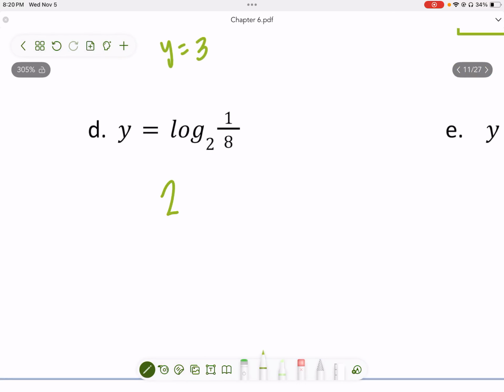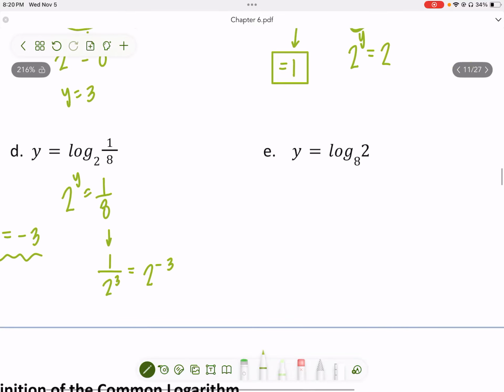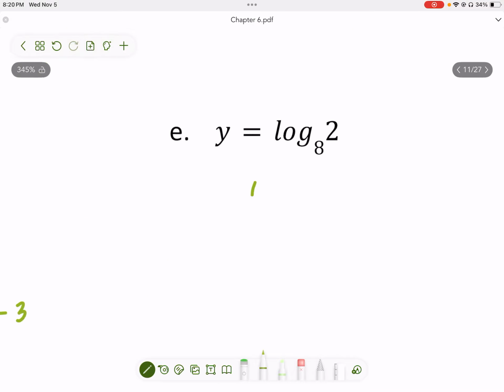Here we have 2 to some power equals 1/8. If you think back to exponentials, this over here could be written as 2 cubed in the denominator, or 2 to the negative 3, which makes y equal to negative 3. Here we have 8 to some power equals 2.